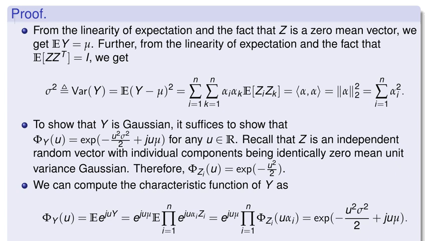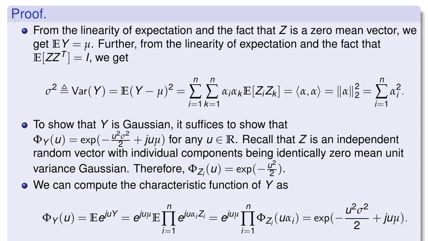Recognizing the expectation term as phi_z evaluated at u alpha_i, this becomes e to the j u mu times the product from i equals 1 to n of phi_zi of u alpha_i. Substituting the standard Gaussian characteristic function, we get e to the j u mu times the product from i equals 1 to n of the exponential of minus u alpha_i squared over 2.